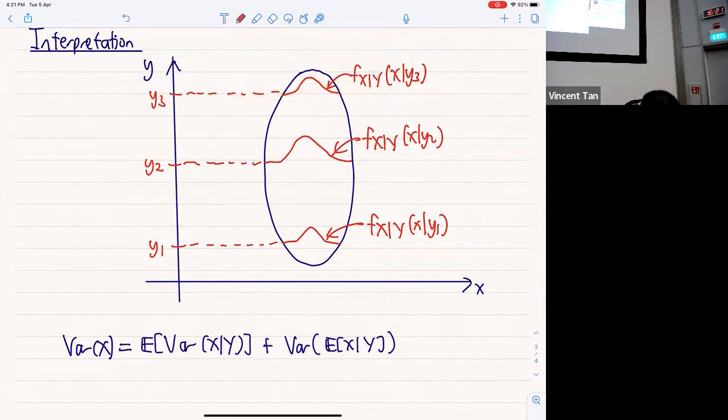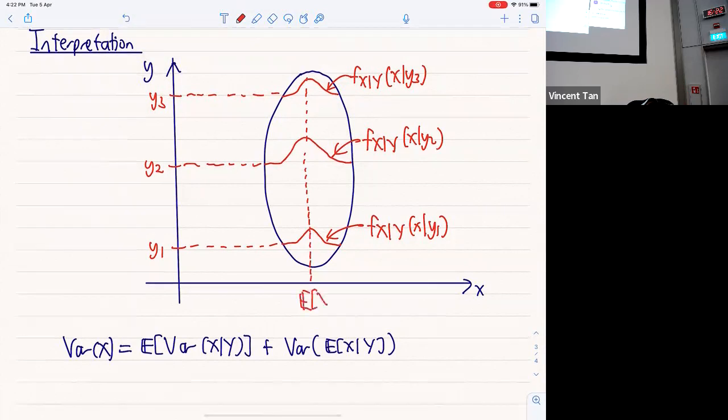Now, if I drew this all properly, then all these conditional means would line up. This would be our expectation of X given Y equals Yi, with i running from 1 to 3. So there's no variation here.